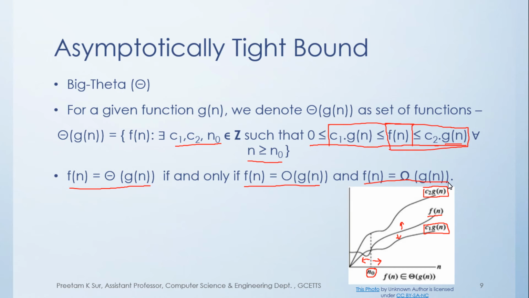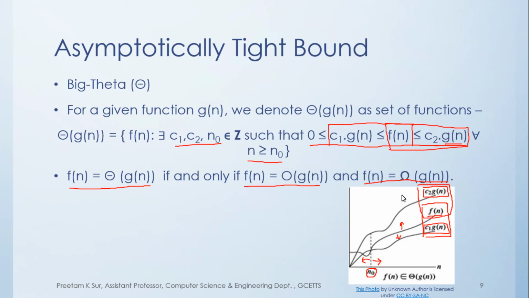Okay, so the same function is upper bounded for one constant and lower bounded for some other constant. Here you can see that the same function gn is lower bounded when multiplied with c1, and again the same function gn gives you an upper bound when multiplied by another constant c2.